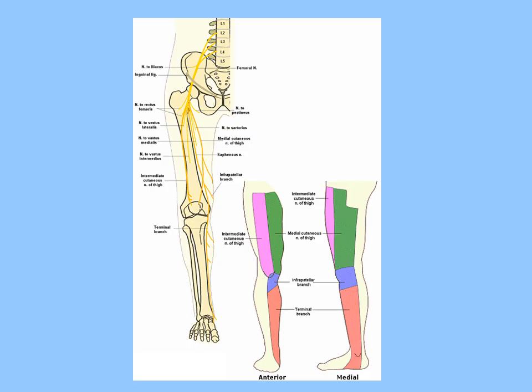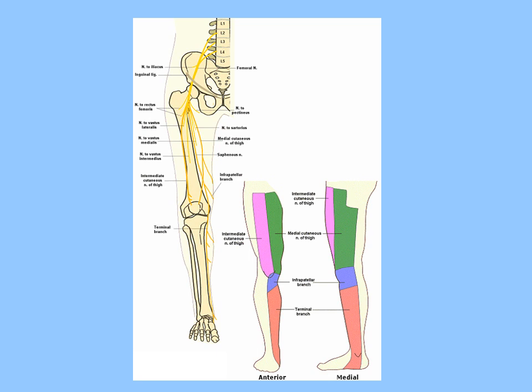intermedius. The femoral nerve, in addition to providing sensory from the anterior thigh, gives off a large cutaneous branch called the saphenous nerve. The saphenous nerve goes down the medial aspect of the lower leg with the femoral artery and femoral vein.